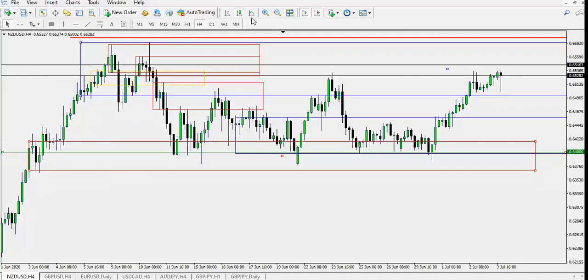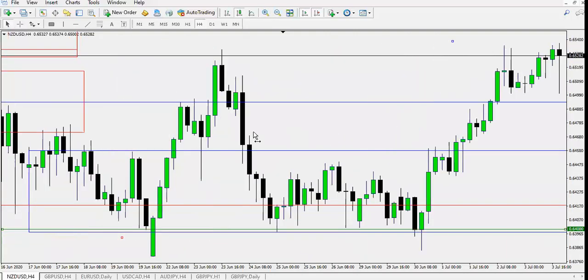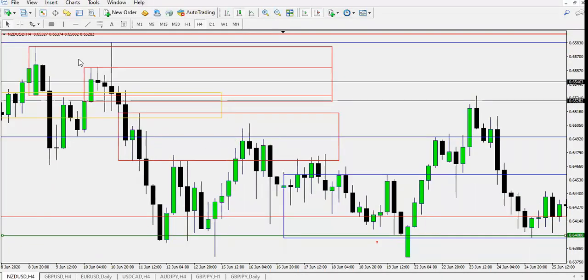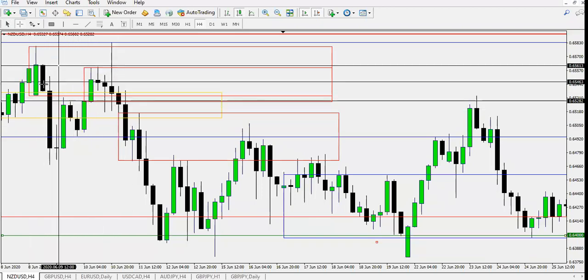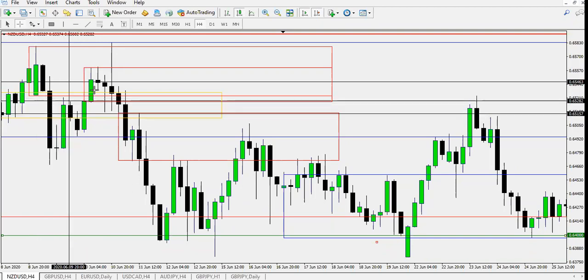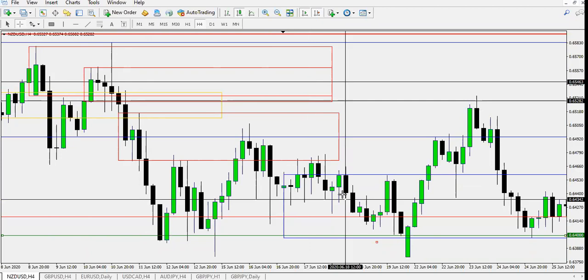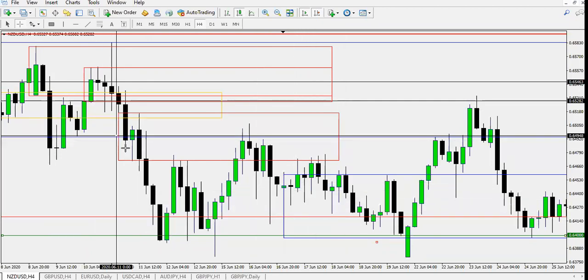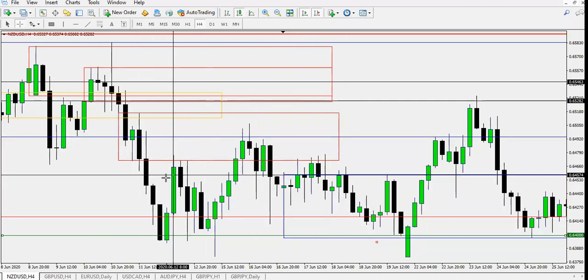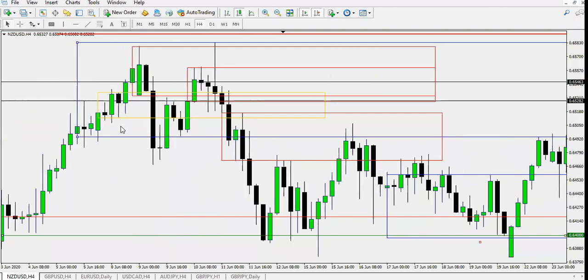So if we zoom in here, we will see that when these order blocks were created, and we are following now the bearish order flow on the 4 hour once our breaker was created, we also have not yet this daily order block created, but if we were following price previously, we will see that we have another break in market structure over here, because this was the next breaker.